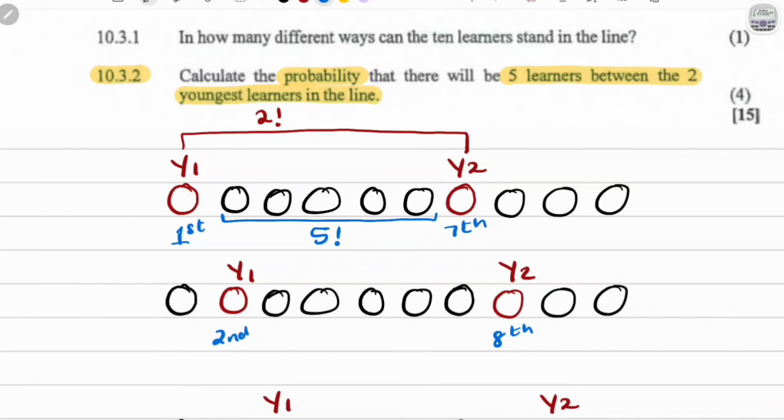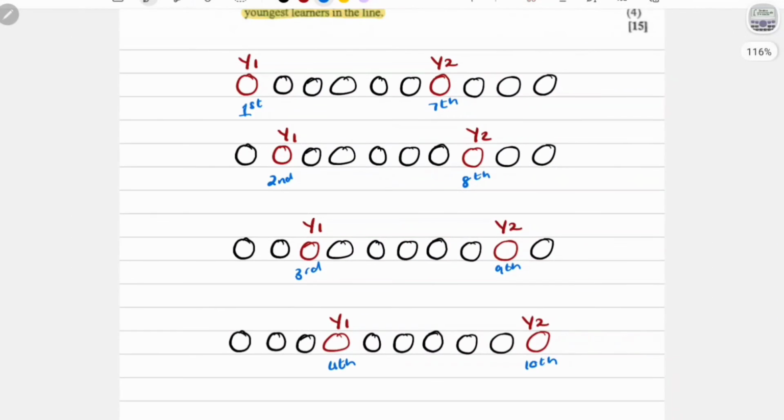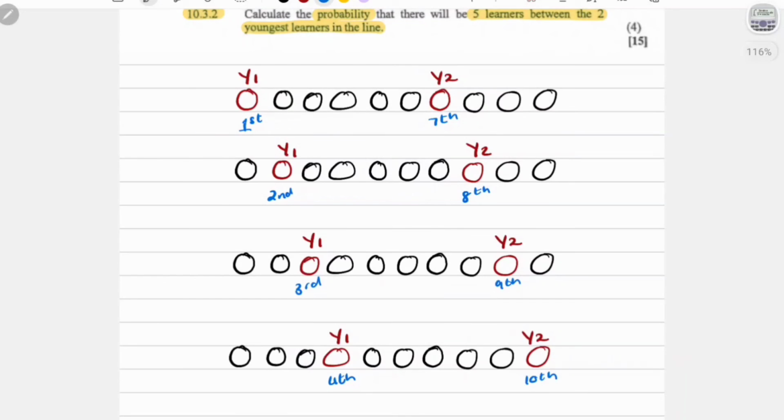So, okay, this is the conclusion I'm coming to. What I'm going to do here is find out the possible ways that we can actually have this particular arrangement first. This arrangement can be viewed as like this, basically. We can look at it as the first and the 7th learner is going to be the 2 youngest, or 2nd and 8th, and so on, right?